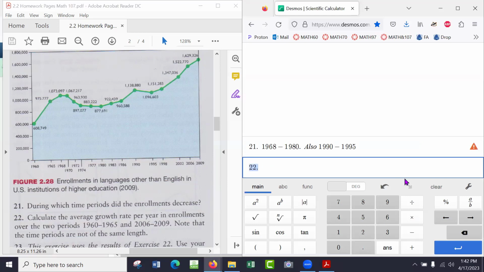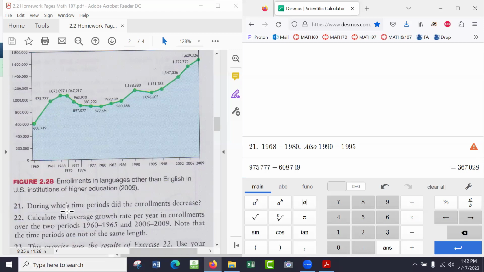So what we do is we go, how much did it increase by? 975 minus 608. So from 1960 to 65, the enrollment increased by 367,000 students, roughly, right? Over that 5-year period. So that's the total increase from 1960 to 1965.